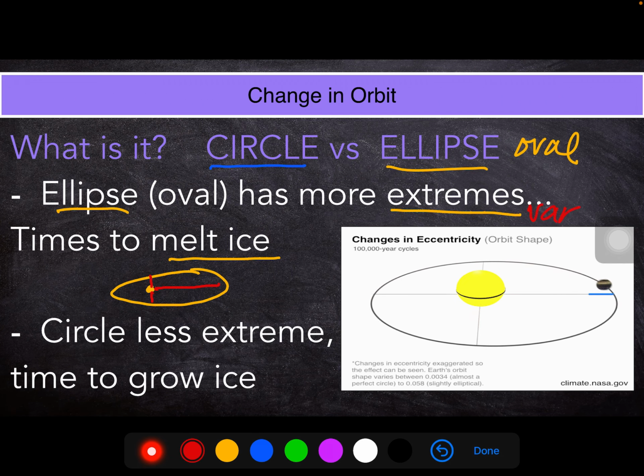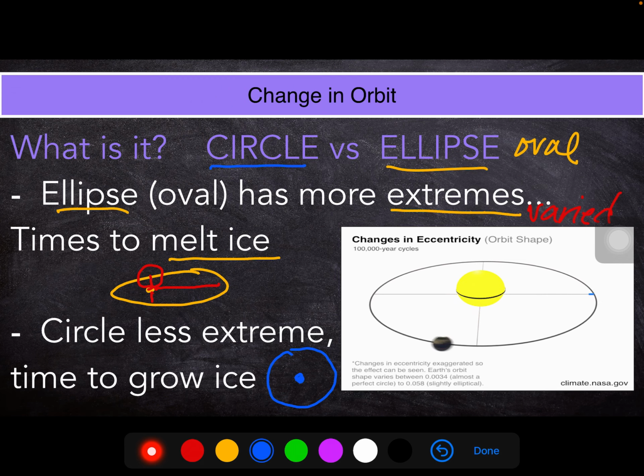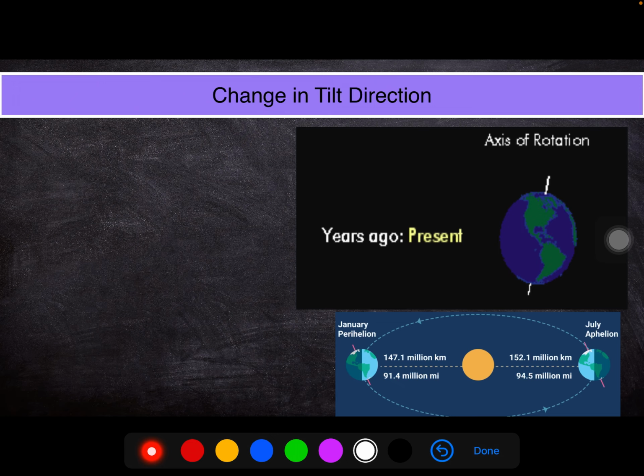So extreme, essentially thinking about the seasons being more varied. So during this time of closer proximity, we typically see the ice melt. When we're thinking circle, then everything is more consistent. So that is the best time to grow ice because everything stays stabilized throughout the course of the year.